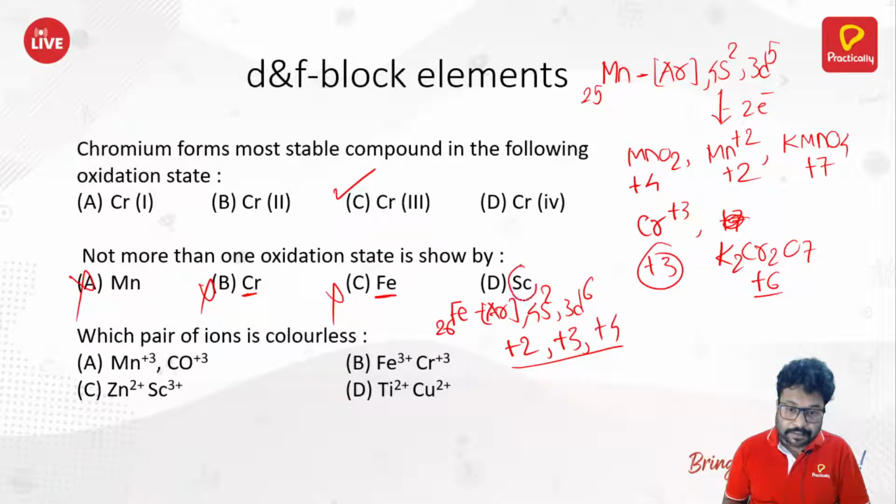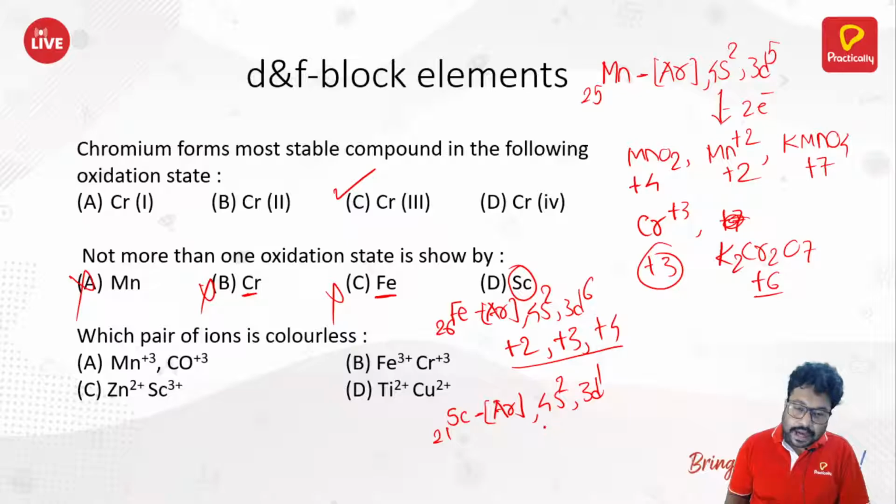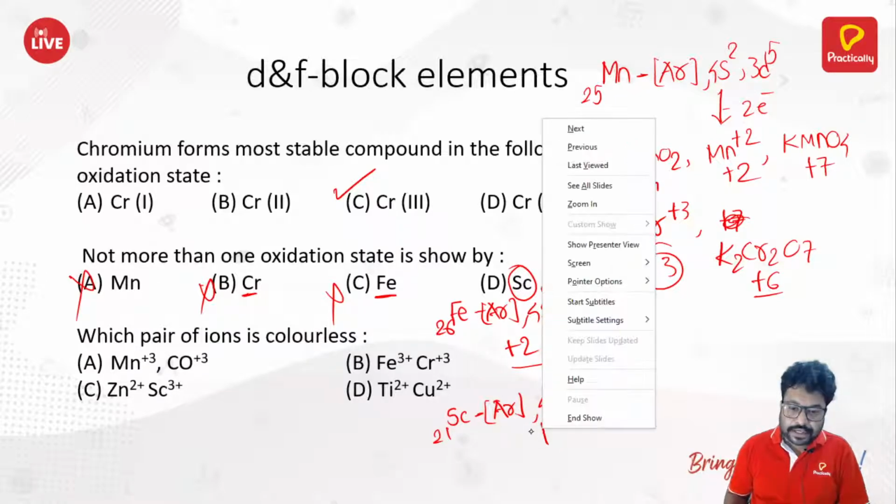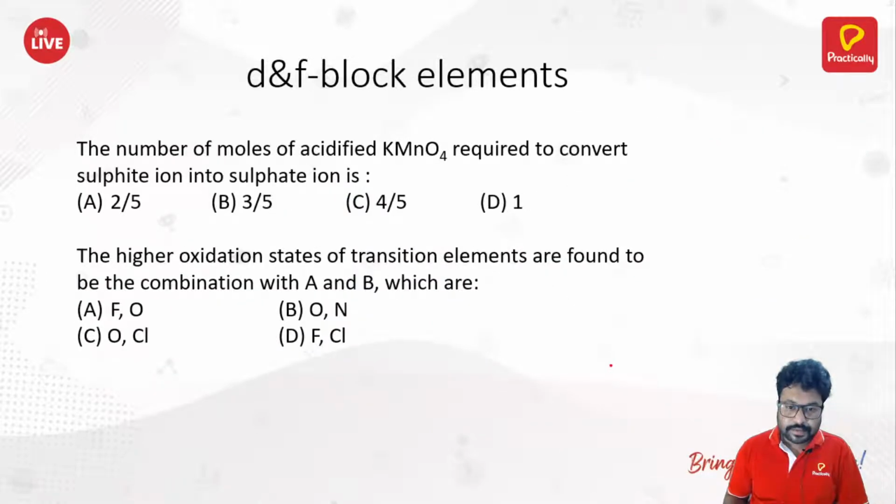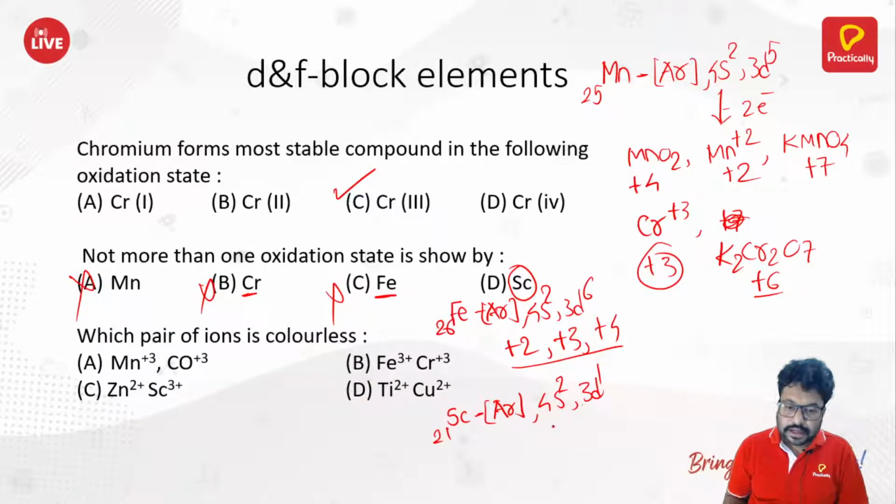Last, scandium. The atomic number of scandium is 21. Its electronic configuration is argon 4s2 3d1.